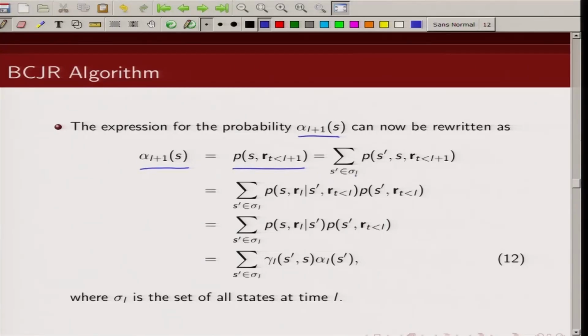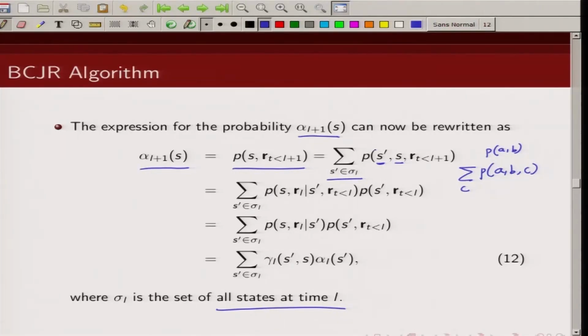Now, I can write this as follows: I am adding a new variable, which is the previous state s prime, and summing over all previous states. So, what is this? Summation over s prime belonging to all possible states at time L. What I did was, I had some term, probability of, let us say, A B, and I just added a term, probability of A B C, and summed over all possible values of C. That is what I did here.